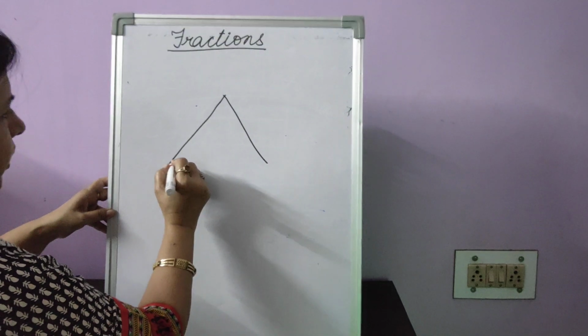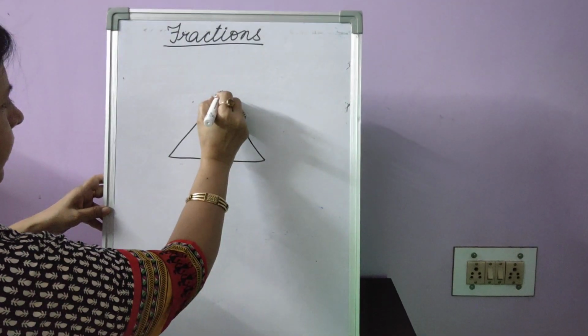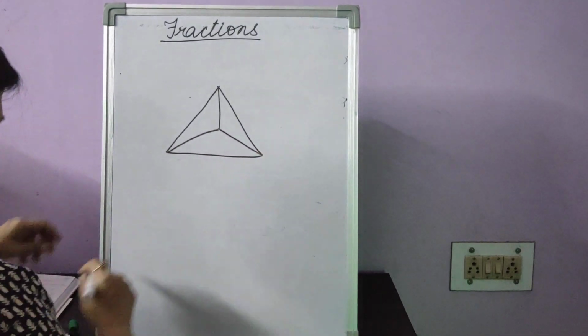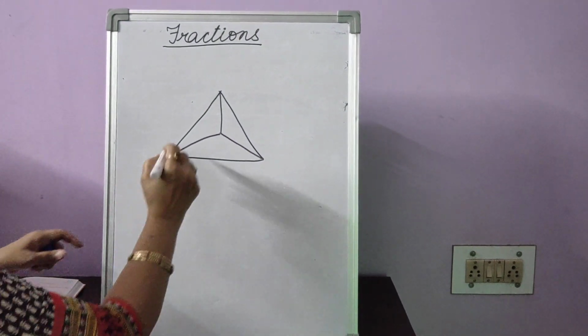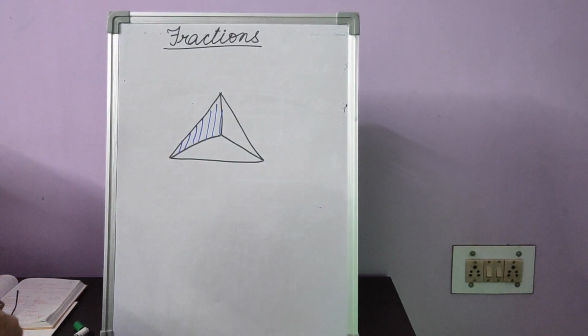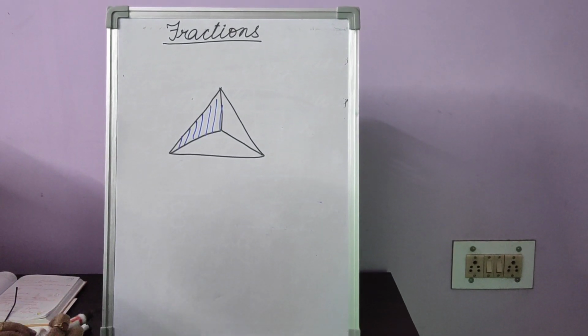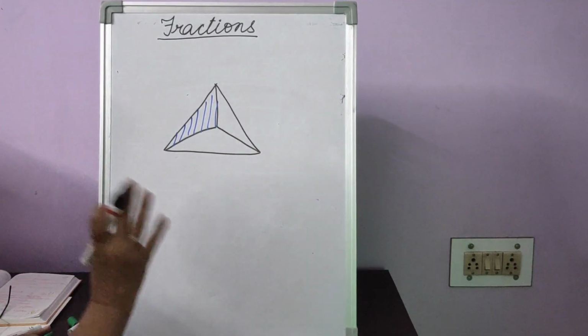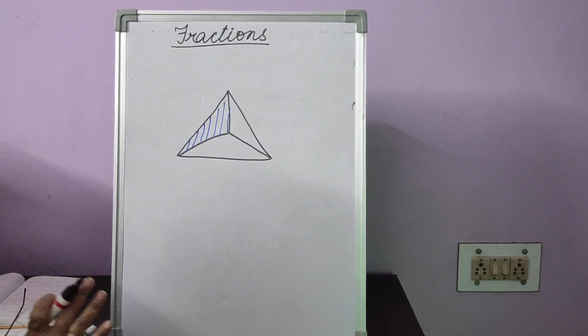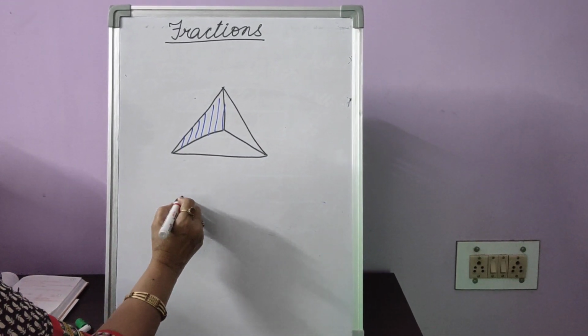this is another figure, and I have divided it into 3 equal parts. Now I ask you which part is shaded. Very easy for you to see which part is shaded. First of all, you have to find out how many total parts the figure is divided into. It is divided into 3 parts.